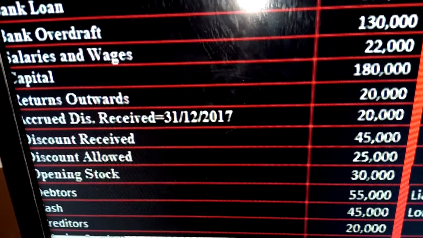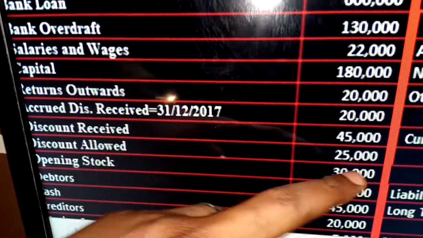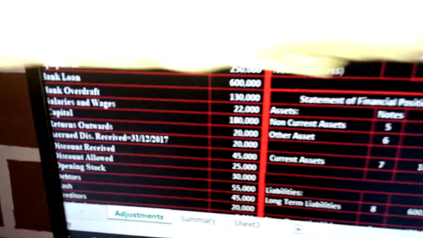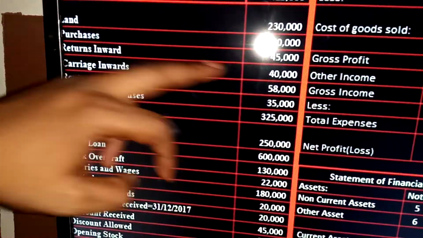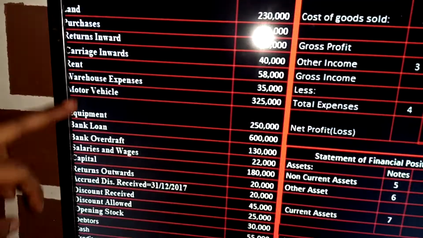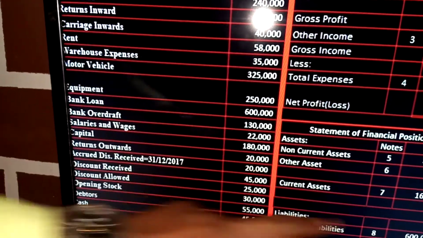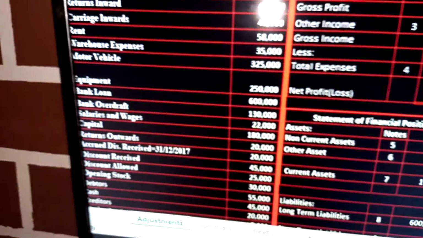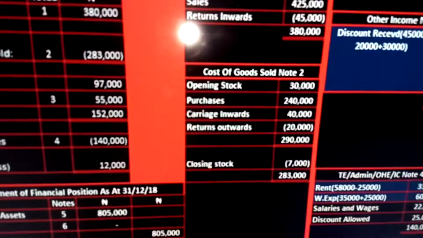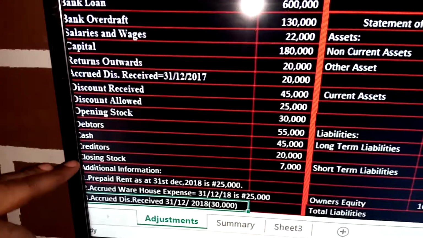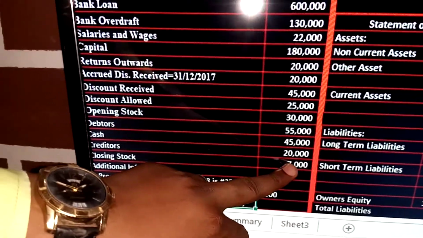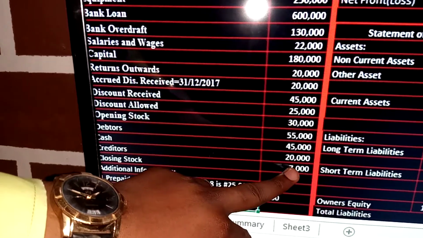Can you see? This is opening stock 30,000. So we have purchases. Yes, purchases 240,000. Carriage inwards. Yes, carriage inwards 40,000. Return outwards 20,000. Where is it? Is it returns outward 20,000. Closing stock. Okay, that's 7,000. That's what is in the question. So this is the closing stock of what? 7,000.